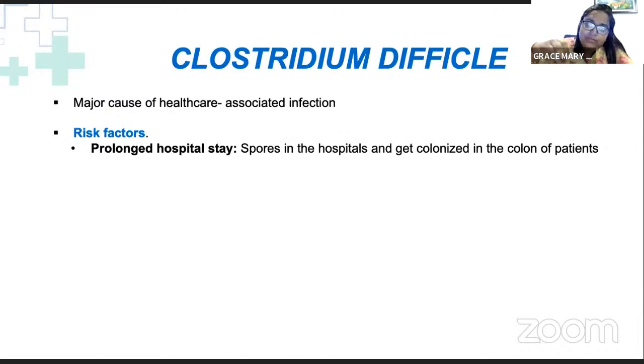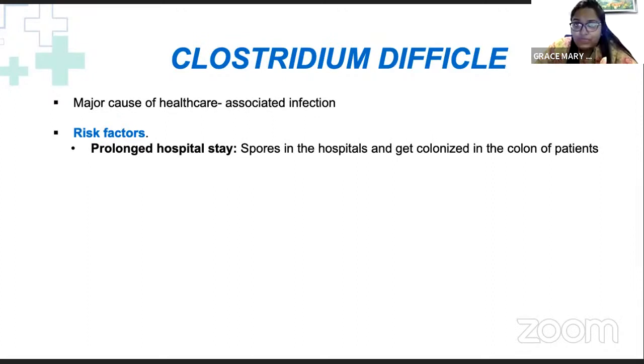And the one common mistake that I see is that, knowing that, like for our MDRO organisms, like our ESBL and CRO, whenever we go and see a patient, after touching the file and everything, we tend to use our hand rub to clean off any organisms lying around. For Clostridium, because it is spore forming, the spores are not killed by your usual hand rub.